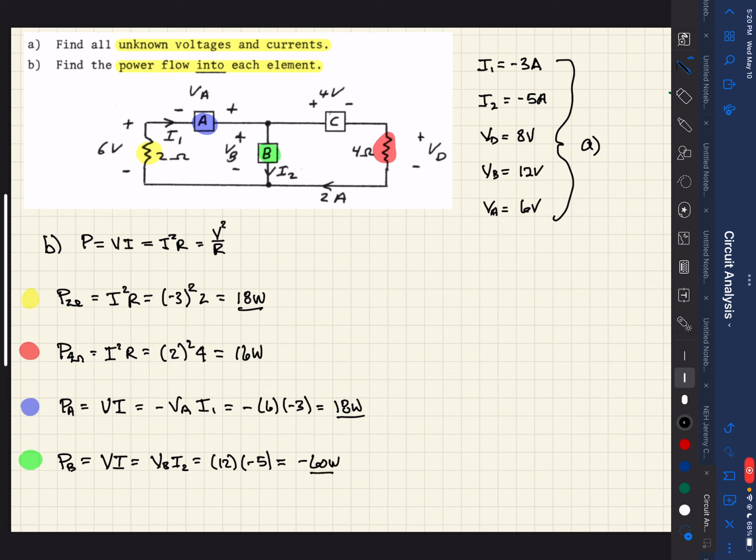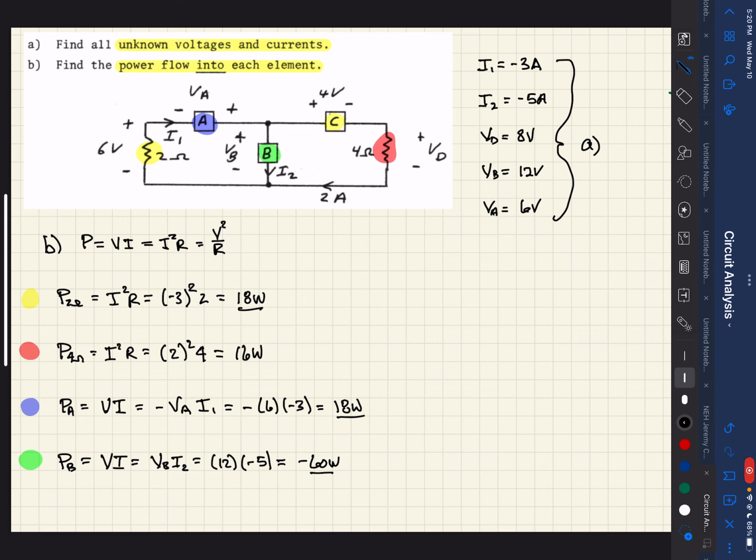Okay. And finally, we've got C, PC. I'll put that on the same line as the yellow dot, just because we're running out of colors here.